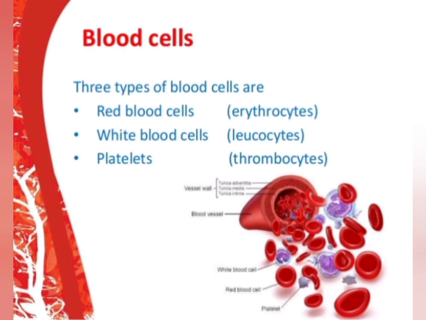Basically three types of blood cells are found in blood: red blood cells, white blood cells, and platelets. Red blood cells are also called erythrocytes, white blood cells are also called leukocytes, and platelets are also called thrombocytes.